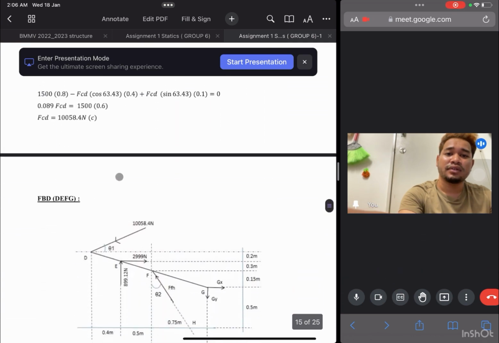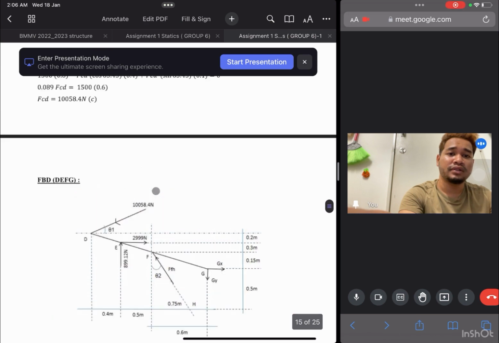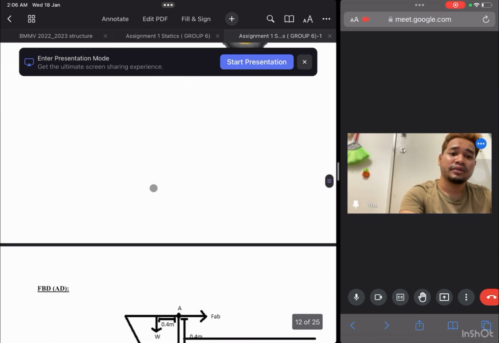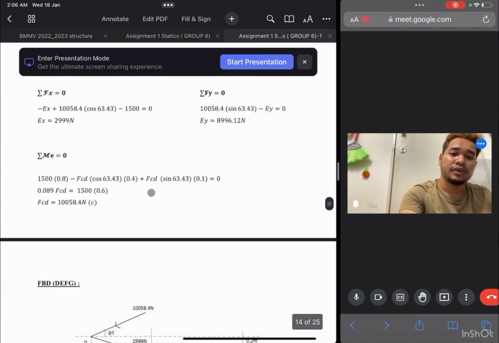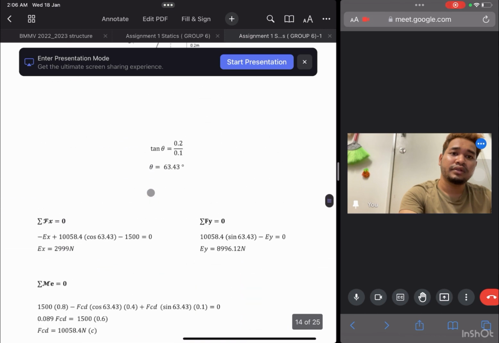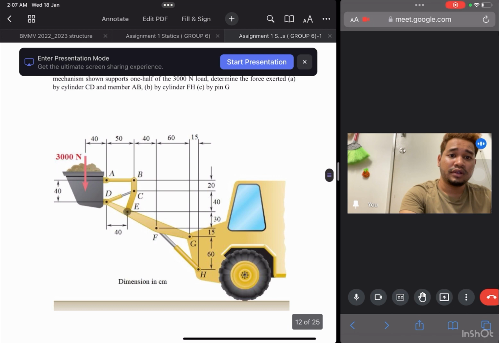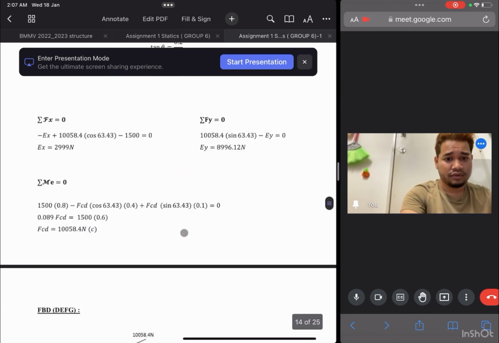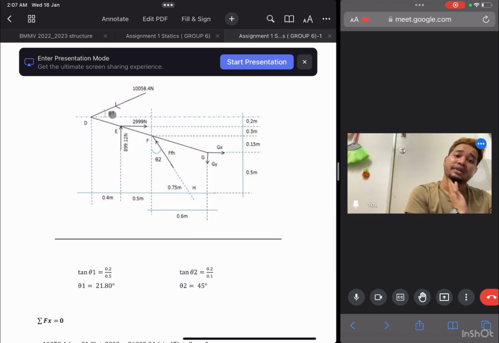After that, we go to FBD at point DEFG. This one, DEFG. Because we want to get the pin at point G, right? So we got two unknown angles here.